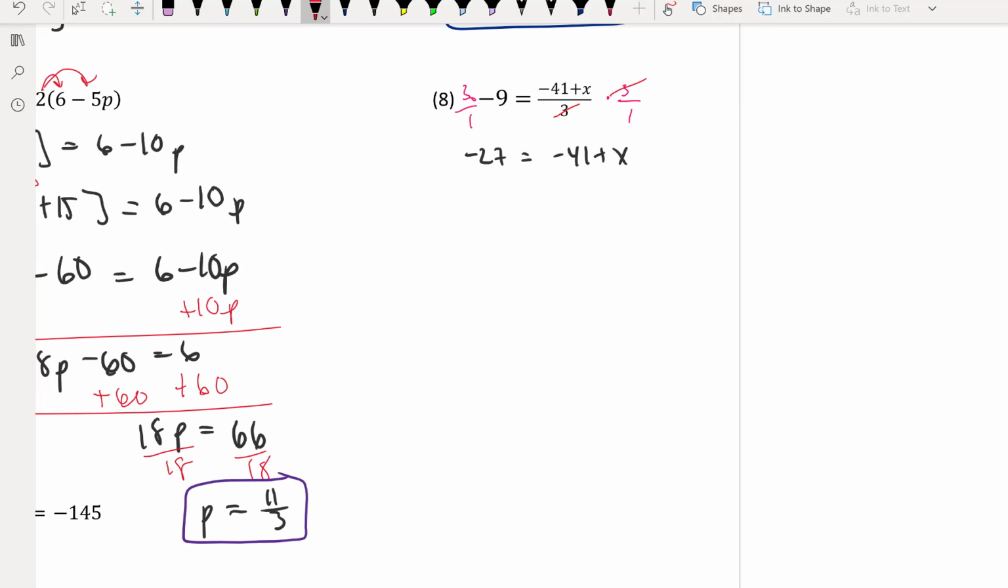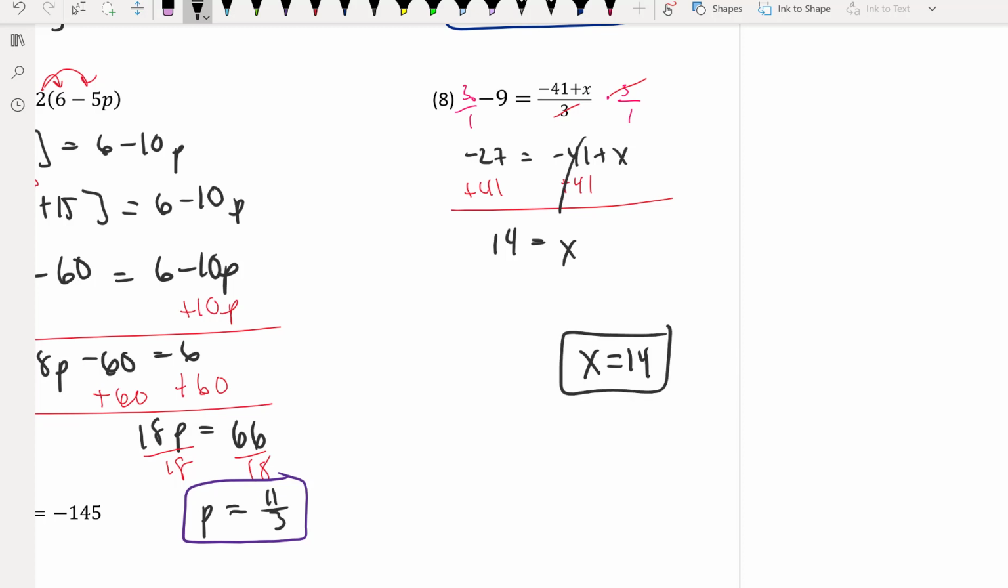Now to get this x by itself, I have a negative 41, so the opposite would be a positive 41. When I add these together, a positive 41 minus 27, I get a positive 14. So I get that x is equal to a positive 14 as my final answer.